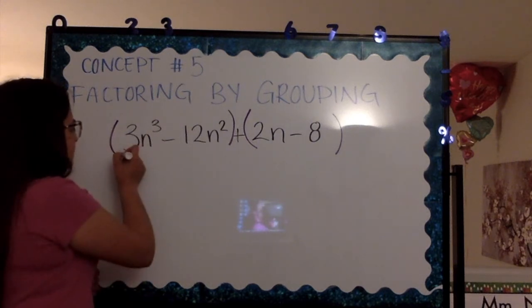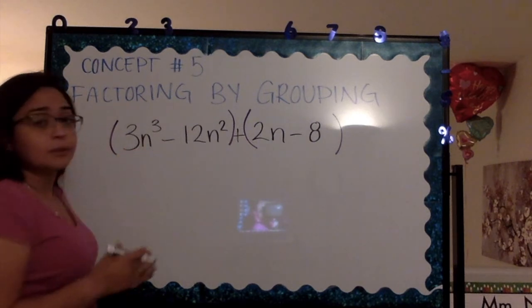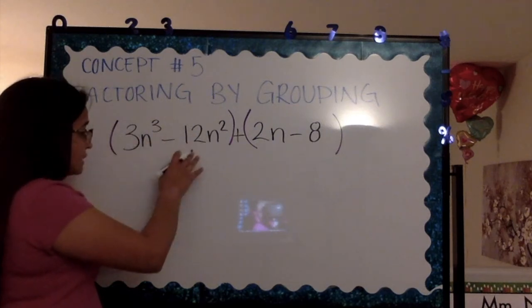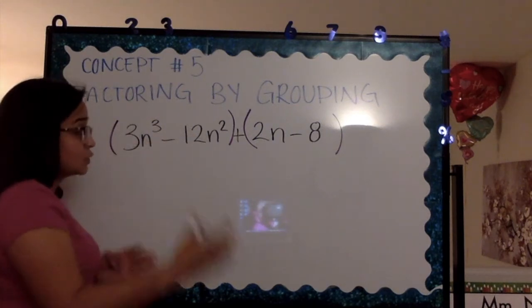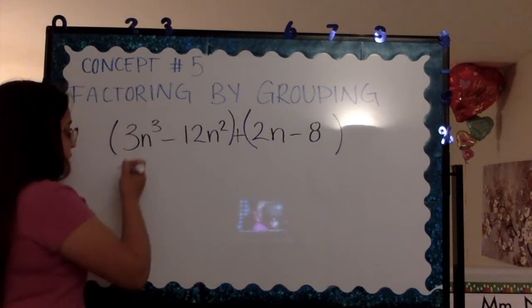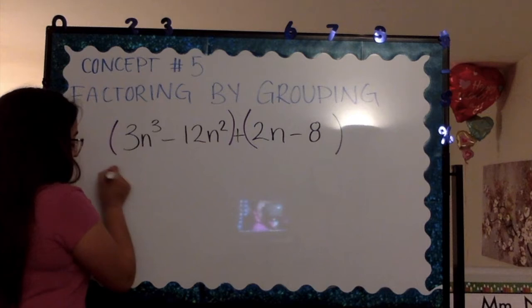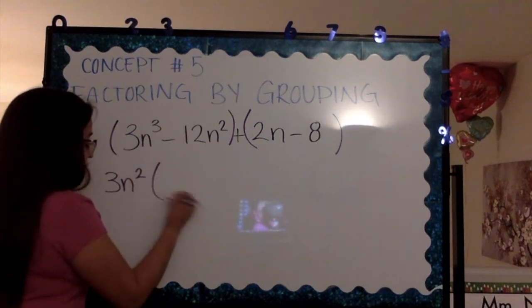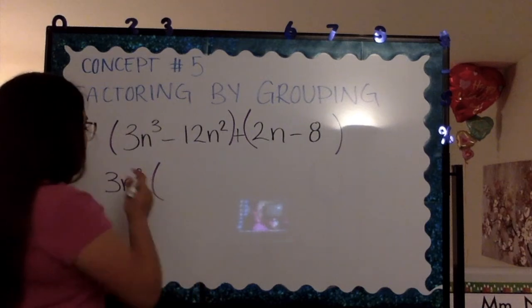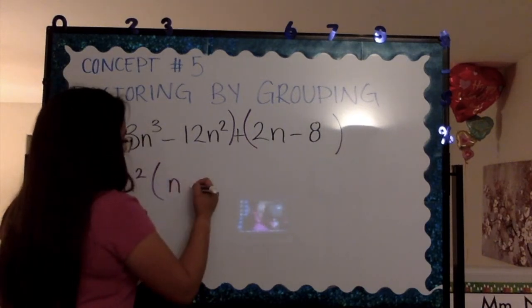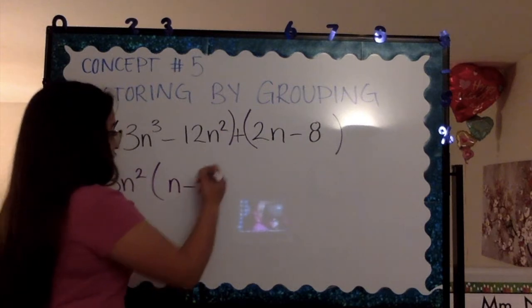Because 3 is the biggest number, or coefficient, that can go into both of these, and n squared can also go into both of them. So we're going to go ahead and put 3n squared as our greatest common factor. That means we're left with n minus 4.